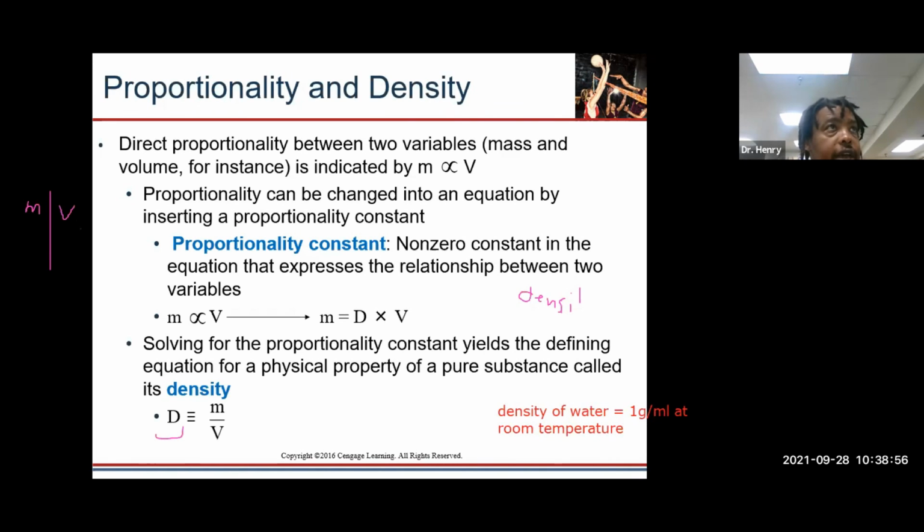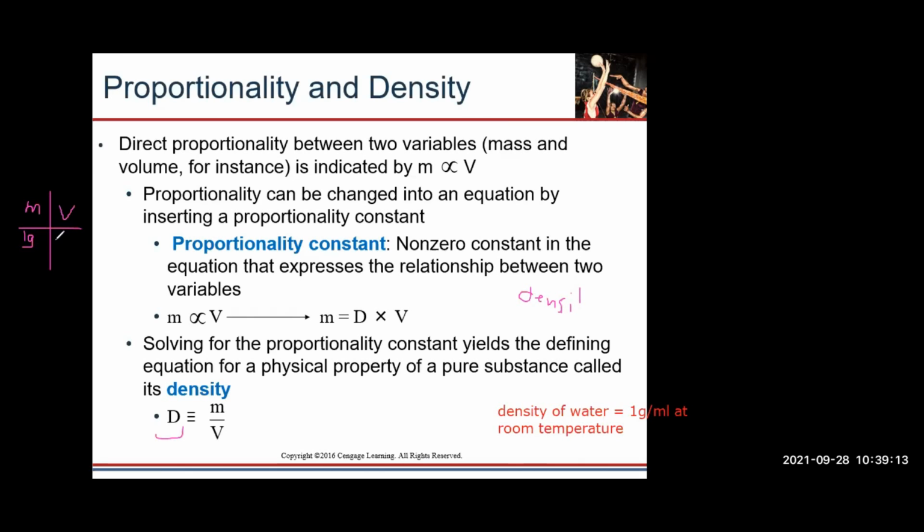Okay, so let's say I have 1 gram. So my volume is going to be what, if my density is always going to be 1 gram per milliliter? So what is going to be my volume? In this case, it's going to be 1 milliliter, right?